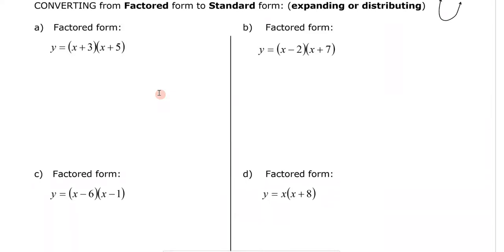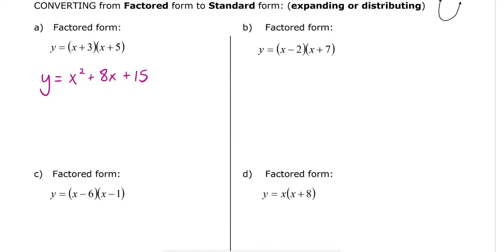Okay, so hopefully you've had a chance to practice expanding these 4 questions. If you need to review, you could look at the previous video, lesson 6. If you did this correctly, the answers you would have had are as follows. For part A, the standard form is y equals x squared plus 8x plus 15.